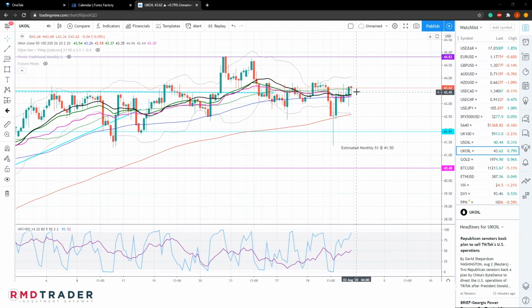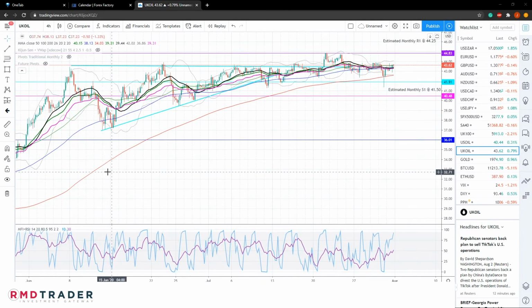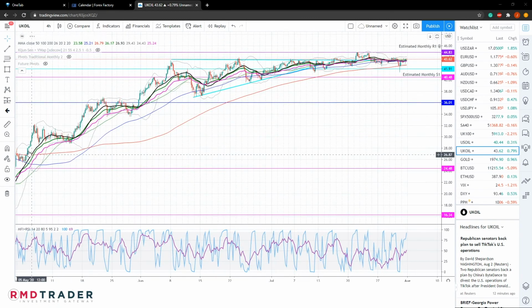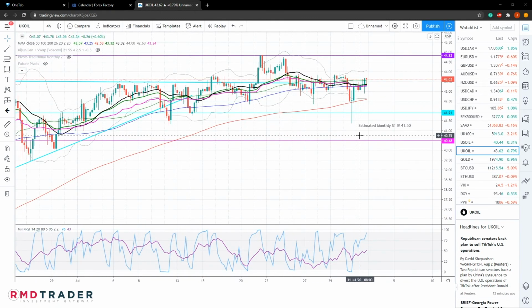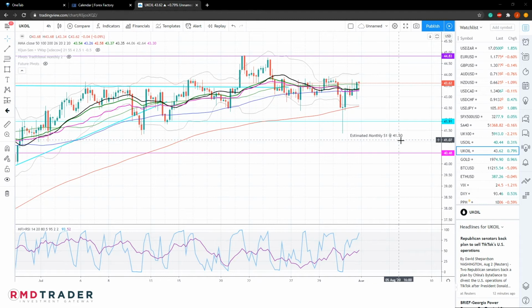And should we see bearish price action and perhaps even a break below this 200 SMA on the 4 hour, which has been an area of support for quite some time, this would likely take us lower to the estimated monthly S1 pivot at 41.50, and that is also very close to the lower end of the shadow of the candle that we saw on Thursday. And if that were to fail, a very strong area of support would be at $40.50.